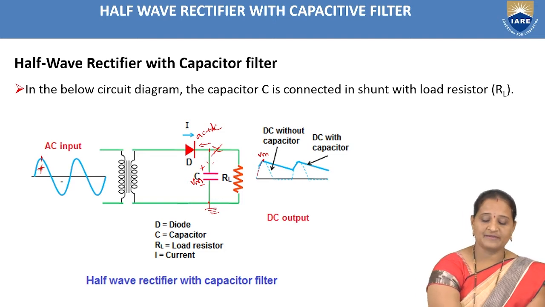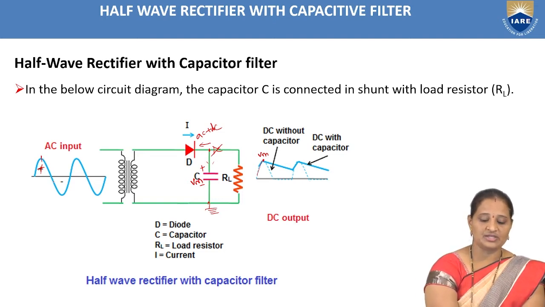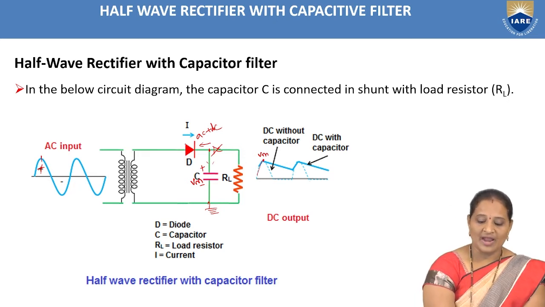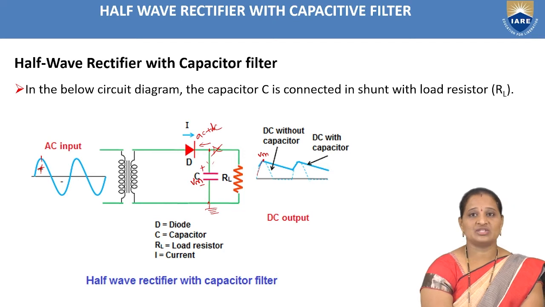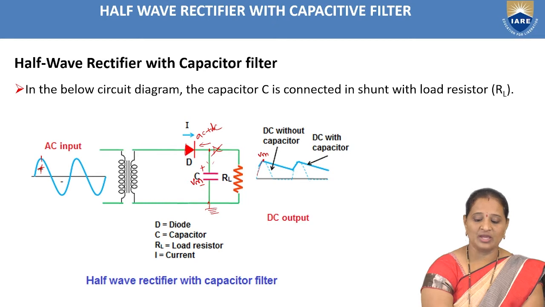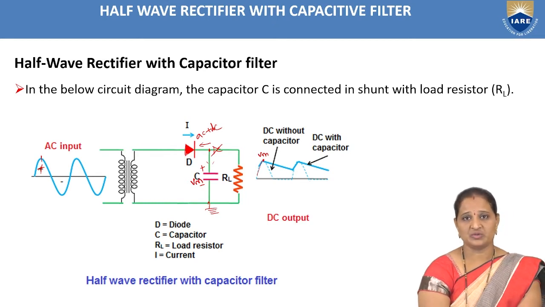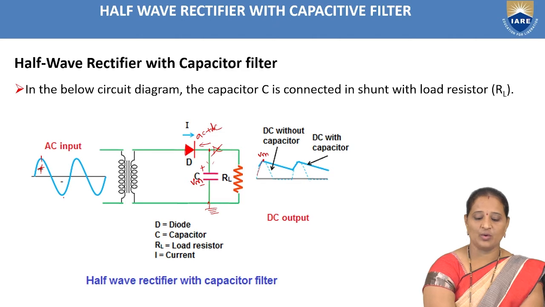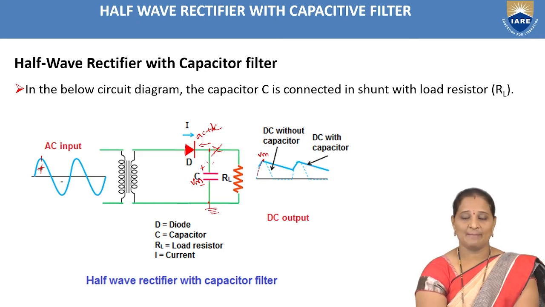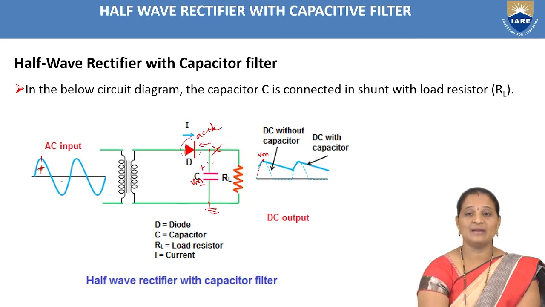Vm. Now after the positive peak, the input voltage is going to decrease to become the negative half cycle. So that means after the capacitor has charged to plus Vm, the voltage applied to the anode will be reducing as the input voltage goes to the negative half cycle, and hence the potential at the anode is less when compared to the potential at the cathode, because the cathode is connected to the positive terminal of the capacitance, which reverse biases the diode.